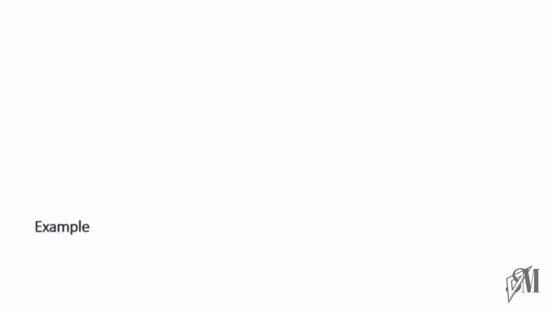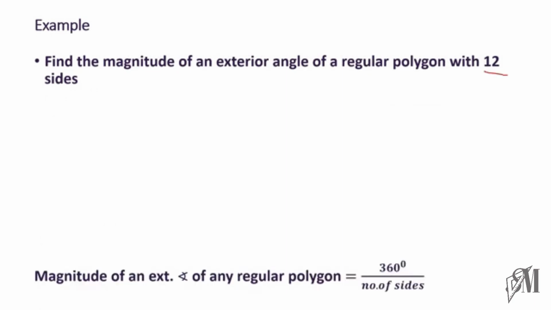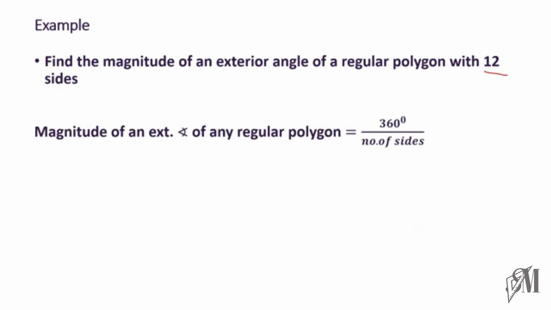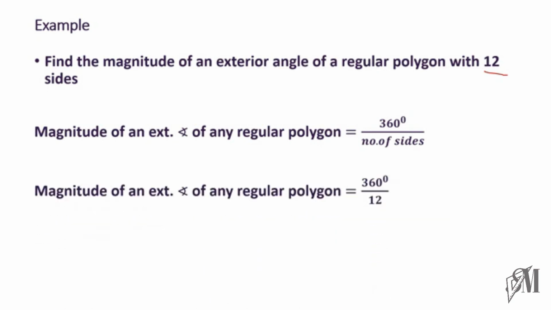Now look at this example. Find the magnitude of an exterior angle of a regular polygon with 12 sides. Now in this case, you should remember this 12 is the number of sides. And then magnitude of an exterior angle, this is the equation, 360 divided by number of sides. And then we write down the values substituted. Instead of number of sides, I have put 12 here.